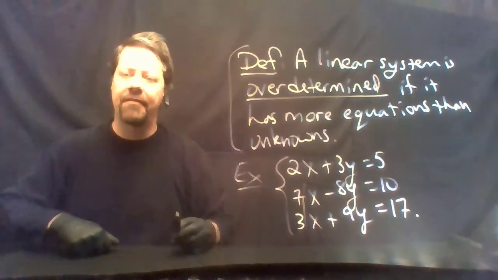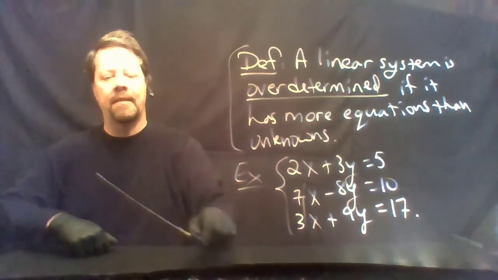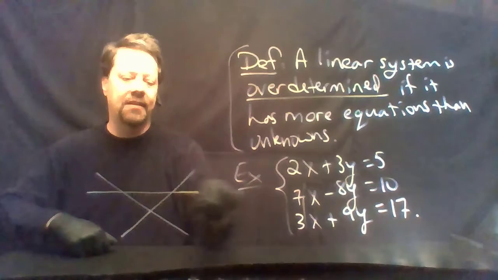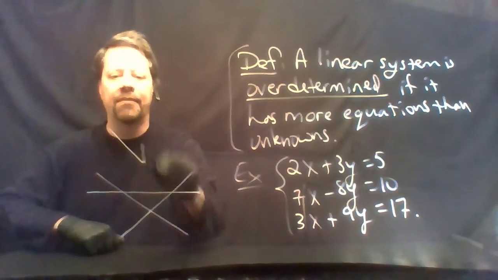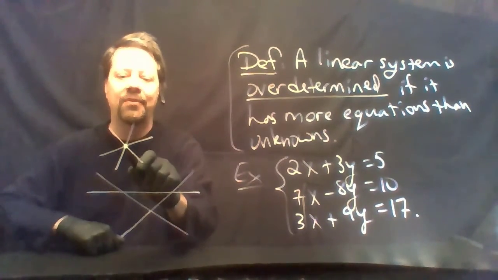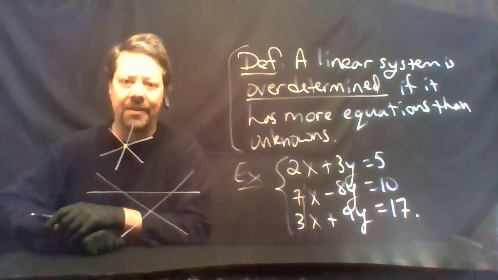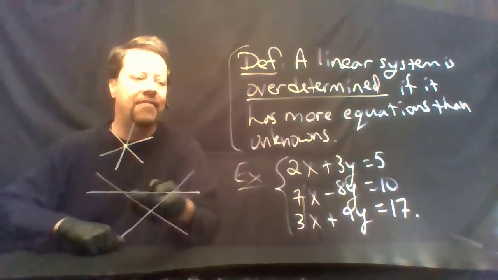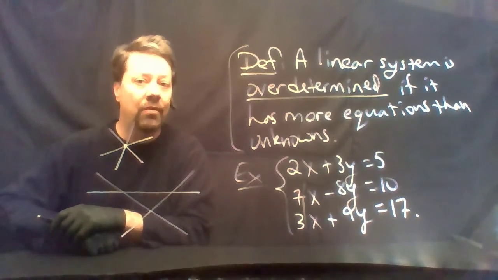Here I have equations for 3 lines. This increases the probability that there are no solutions. However, it is still possible that 3 lines could intersect at a common point. We would have to try to solve the system to determine which case we have. Nonetheless, if you have more equations than you have unknowns, the system is overdetermined.